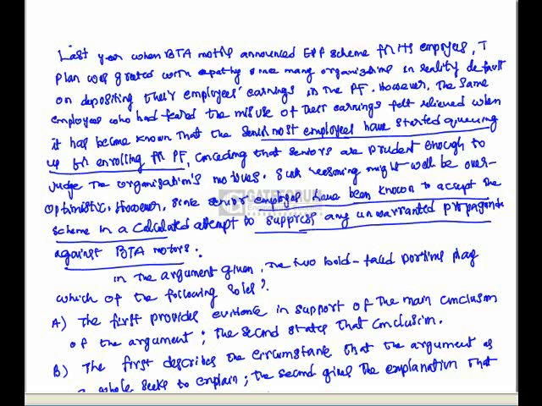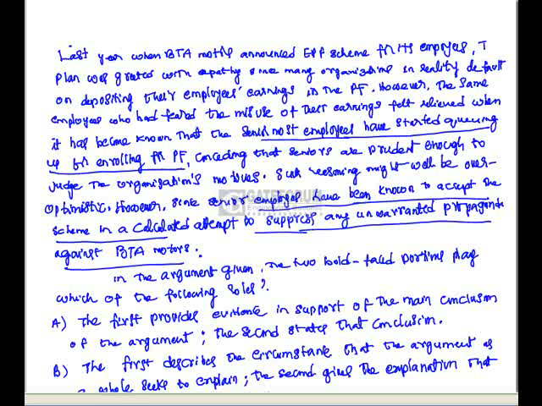Look into the question, critical reasoning. Last year, when BTA Motors announced an Employee Provident Fund scheme for its employees, the plan was greeted with apathy, since many organizations in reality default on depositing their employees' earnings in the Provident Fund.